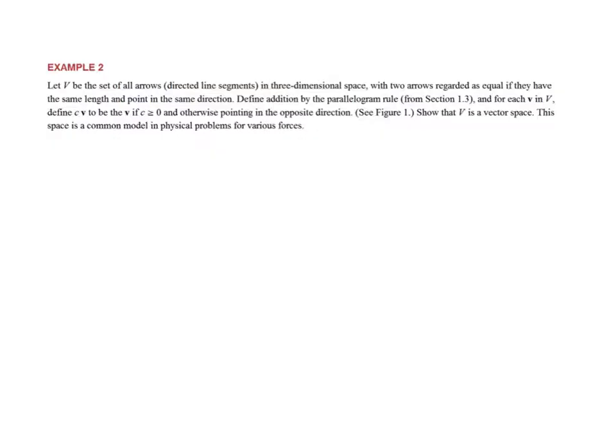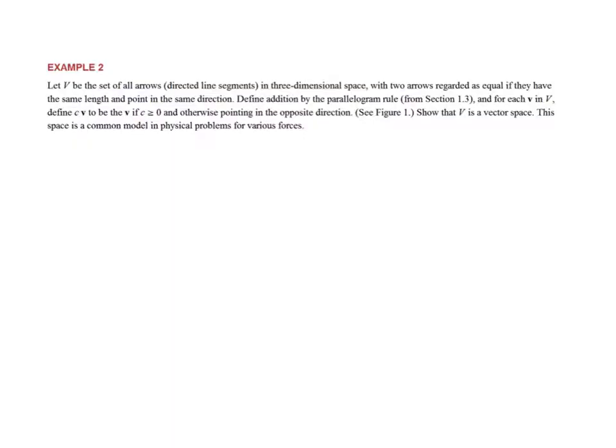All right. Example 2, even if we look at the very visual application of vectors, so not just writing them down as numbers in a column, but the visual application of vectors, V, the set of all arrows in three-dimensional space with two arrows regarded as equal if they have the same length and point in the same direction. Read through the rest of this example.